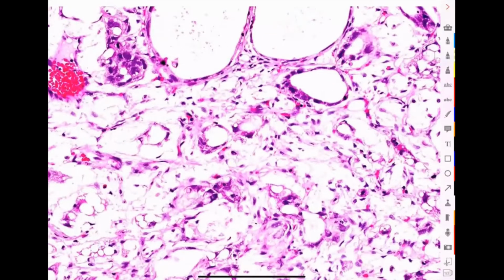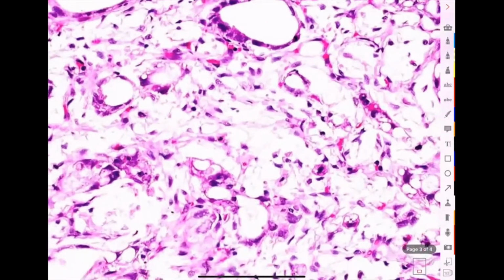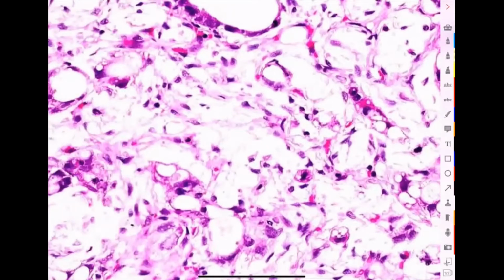And the second is your interpretation of what a Schiller-Duval body could be. From this point onward, you really need to train your eye properly on what a Schiller-Duval body looks like. The second thing is that you need to train your eye to detect these signet ring cells and vacuolated cells.